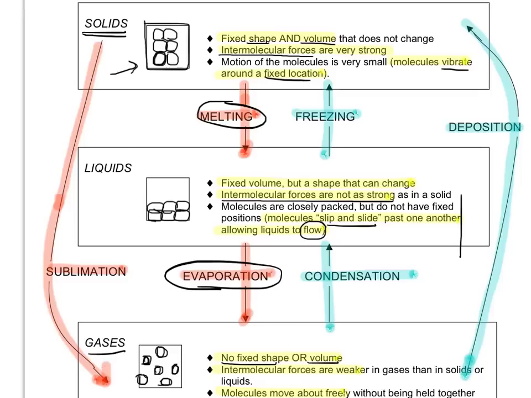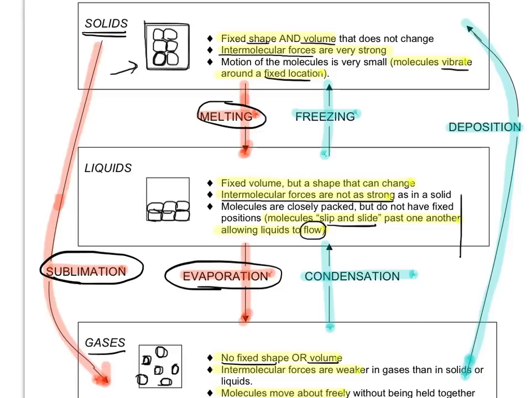And it's actually doing something called subliming, where it's skipping the liquid state. It's going directly from a solid to a gas. And carbon dioxide is kind of unique because it does that at room temperature, which is cool. But all three of those we can group together as requiring adding energy to the system.